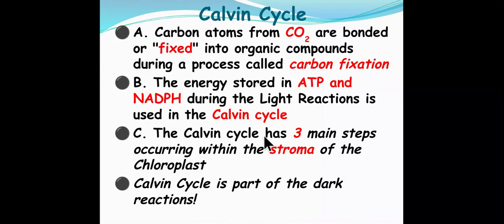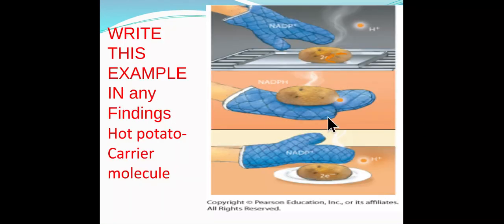So the Calvin cycle has 3 main steps occurring inside the stroma. This example you should probably write someplace, like if your finding sheet is around or someplace that you can study it. In your book, and also I mentioned this, NADP is a carrier molecule. NADP is exactly that. It carries these high energy electrons and moves them around.